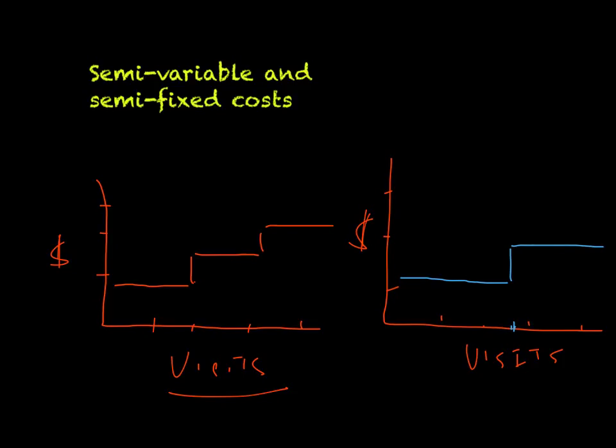So really, if I were to see this on a test or a quiz, or a midterm, and you had in here, which one is the semi-variable, what I would do is look for the one with the more steps in it. And of course, the one that's semi-fixed, quite frankly, just has fewer stair steps in it.